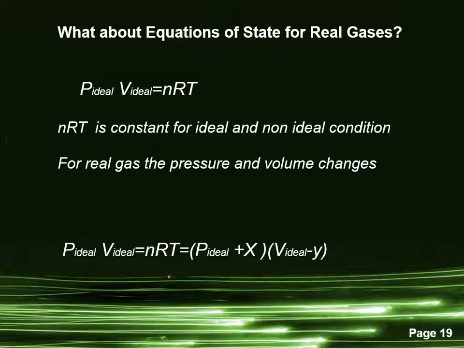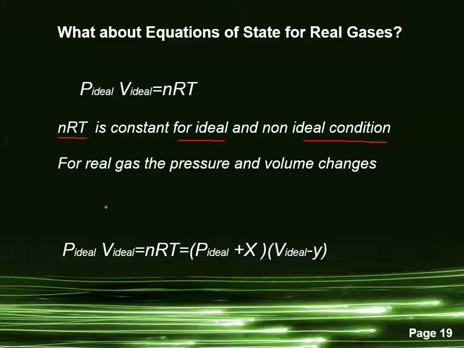Okay, now we need to know the equation of state for real gases. Recall that for an ideal gas, pressure times volume gives you nRT. Notice that in the real system and the ideal system, nRT remains the same, because at the same temperature, number of moles and R, ideal and real conditions stay the same.